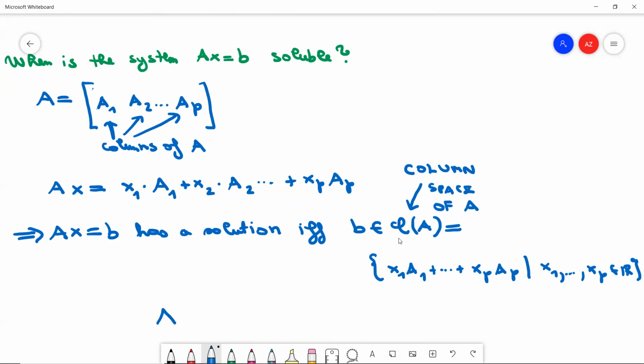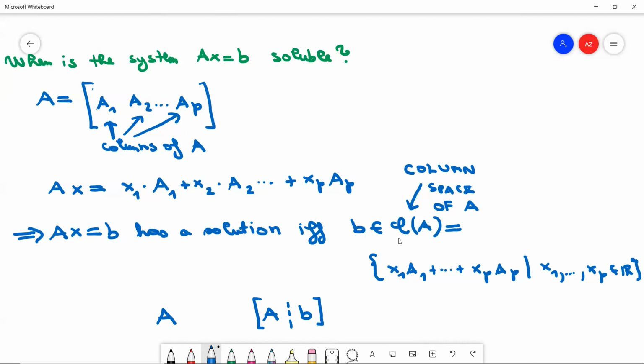We have matrix A, and we extend it. You probably remember that when we solve such a system, we are solving the extended system by just adding one vector. This is the vector B.